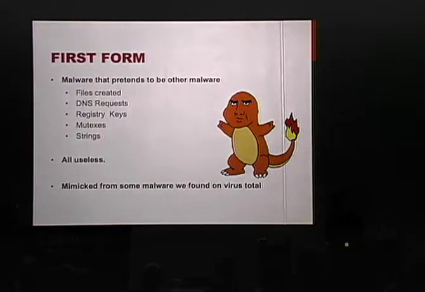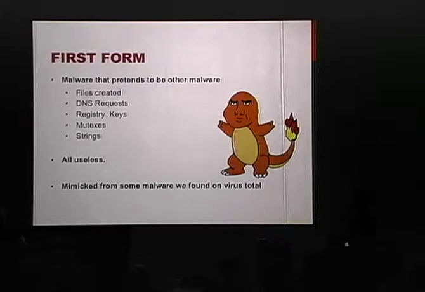So what's actually happening here is this is the first form of our malware. What we're doing is we are pretending to be some piece of non-targeted malware to be this classic misdirection. So we're dropping files, and when you're searching for those file names, you might not actually be checking the MD5s of those, you're just searching for file names, and then virus total is telling you all this information.